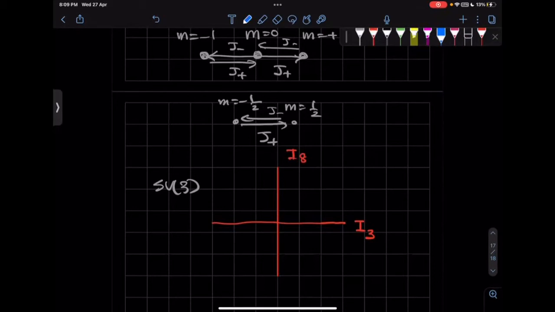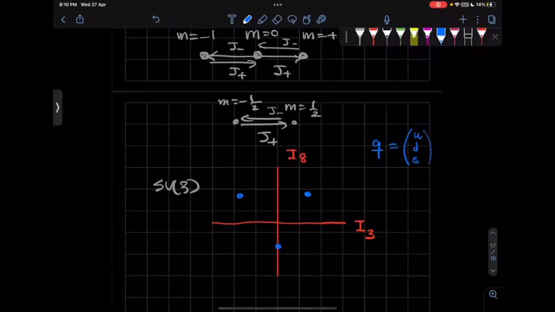And then the fundamental representation of SU(3) has 3 states. So that's Q, and we can write this as U, D, S: U for up, D for down, S for strange. So this is the weight diagram for the fundamental representation.